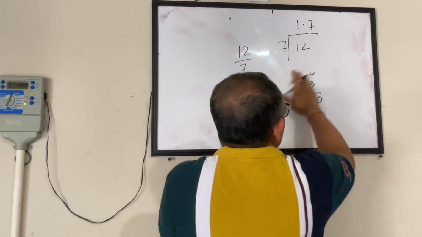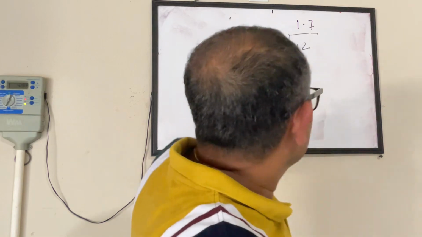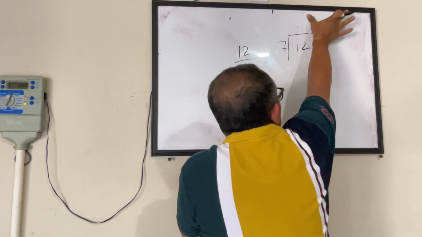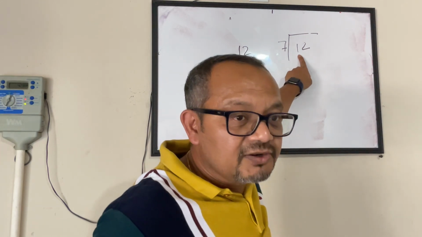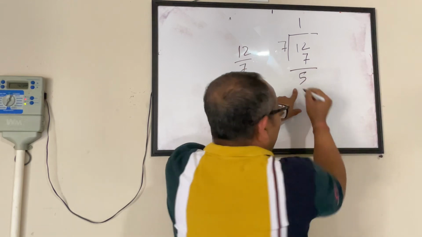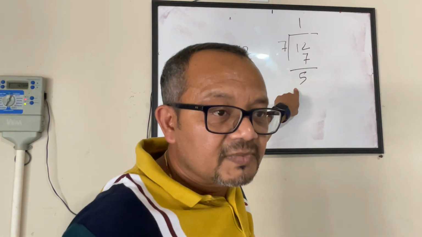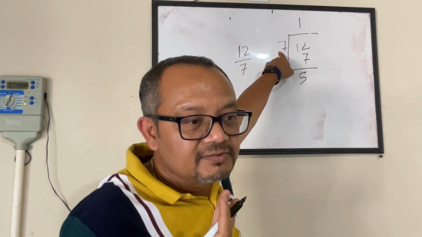Now, we were trying to divide 12 by 7. You know division? So if you have to divide 12 by 7, what will you do? 7 1 7. That's what we'll do. What is remaining? 5. 5 is smaller than 7, you cannot do anything.